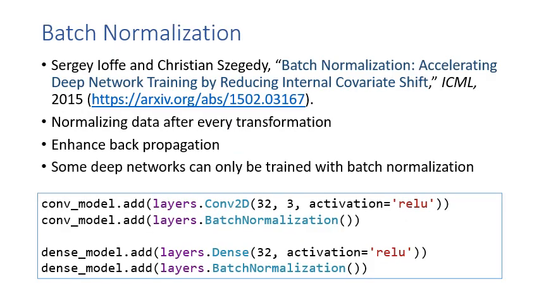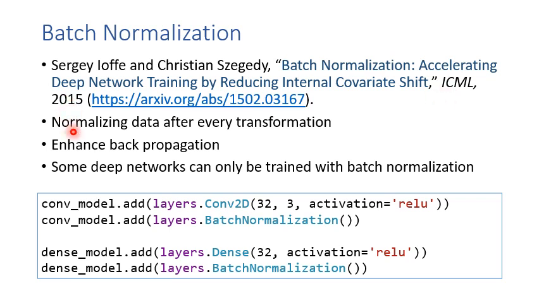Now I want to introduce some techniques that can improve model accuracy. The first one is batch normalization. Batch normalization was proposed by Sergey Ioffe and Christian Szegedy: Batch Normalization, Accelerating Deep Network Training by Reducing Internal Covariate Shift, published in ICML 2015.